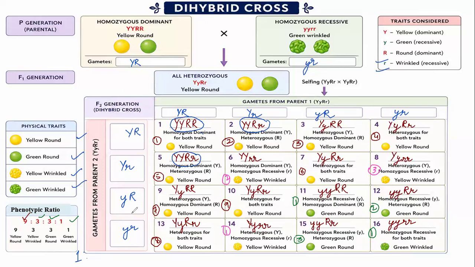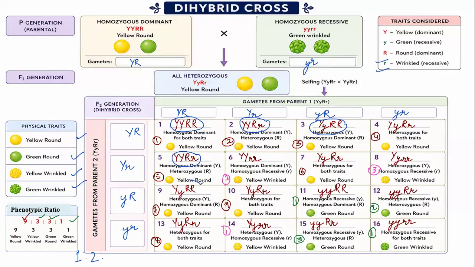Yellow and round. Okay, so this is 2. Then let us look for capital Y, small y. But both are homozygous dominant. This one, capital Y, small y, and both capital Y's. So which one is it? One more is there like this. Let us find it out.